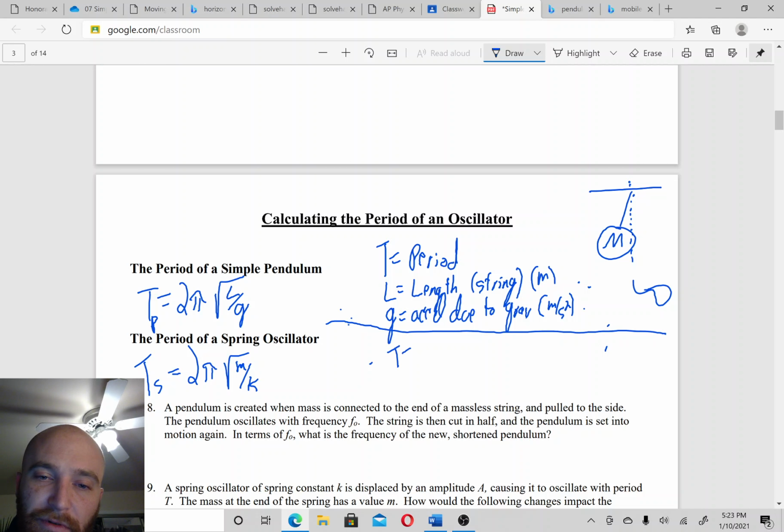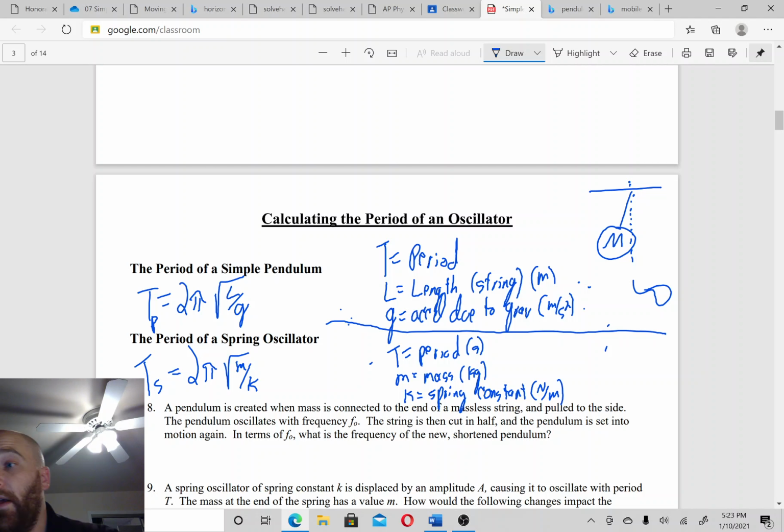So just like before, T stands for period, m stands for mass. Let's get some units in here. Measured in seconds, measured in kilograms. And lastly, k stands for the spring constant, which we measure in newtons per meter.